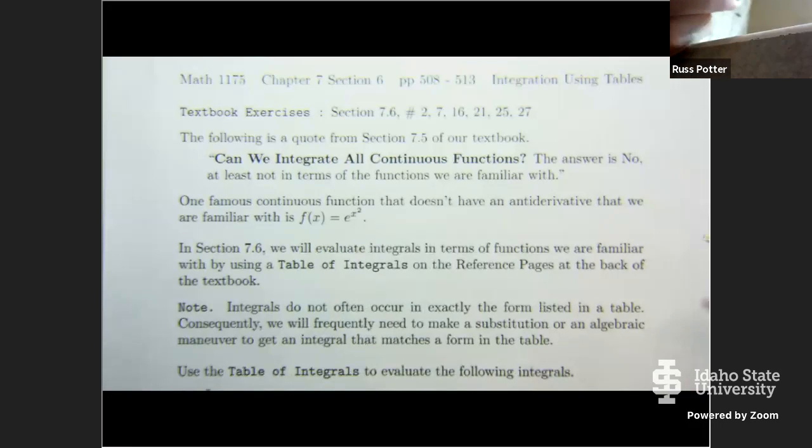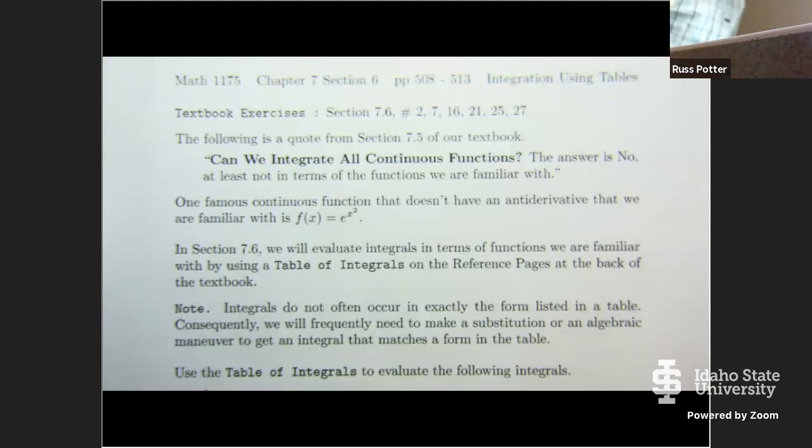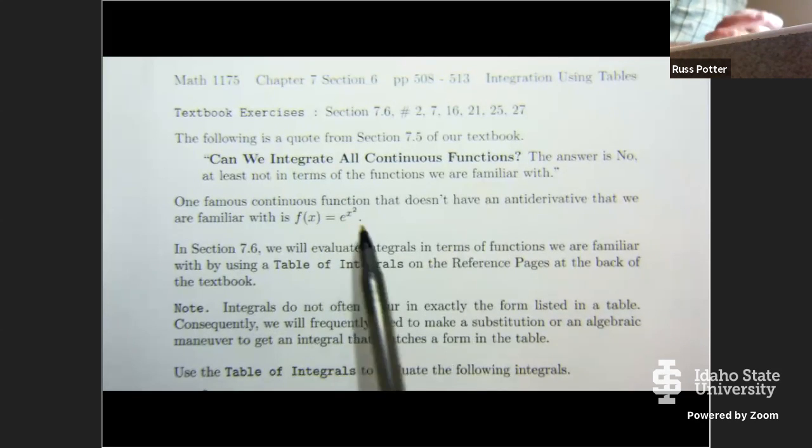When you read section 7.6, this particular function is used a couple of times in the examples. So you'll want to make sure that you read about that. Sorry, I think I misspoke. You'll see this in section 7.7 tomorrow.